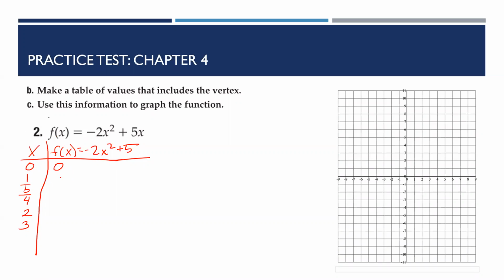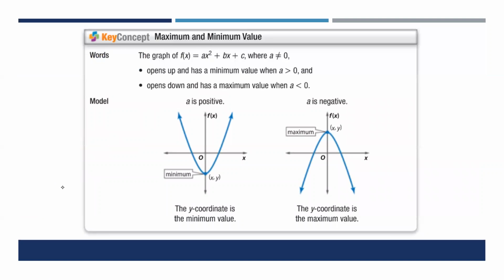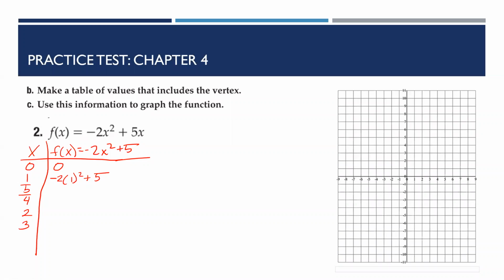So then I'm going to do for 1. So I've got -2 and then 1 in parentheses squared plus 5 times x, which we're saying is 1.